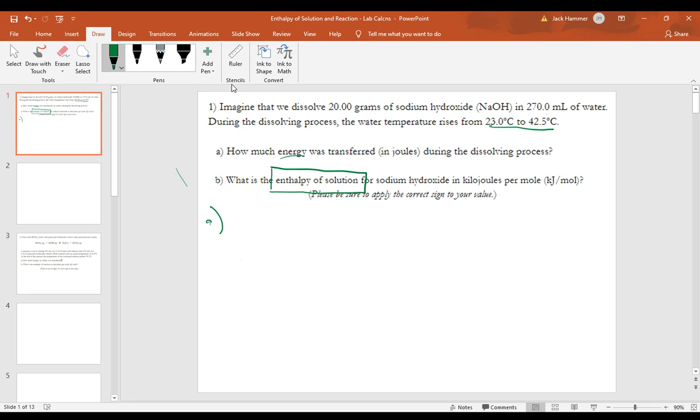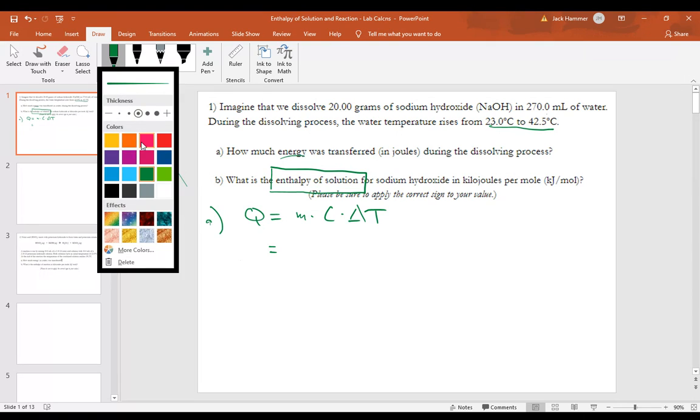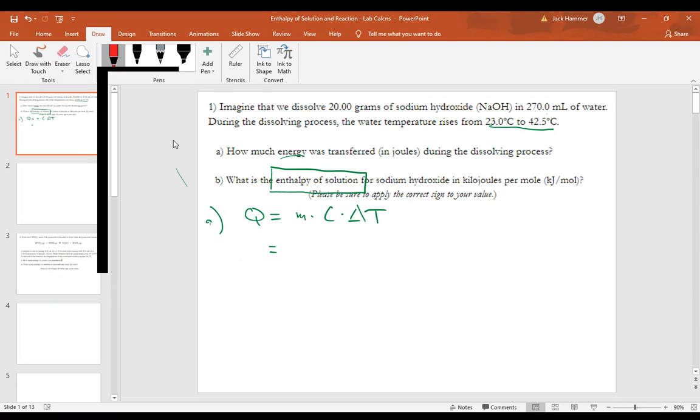Well, this is where we use good old MCΔT, right? The first thing we need to figure out is the mass. We have 20 grams of sodium hydroxide, and the solvent is 270 milliliters of water.